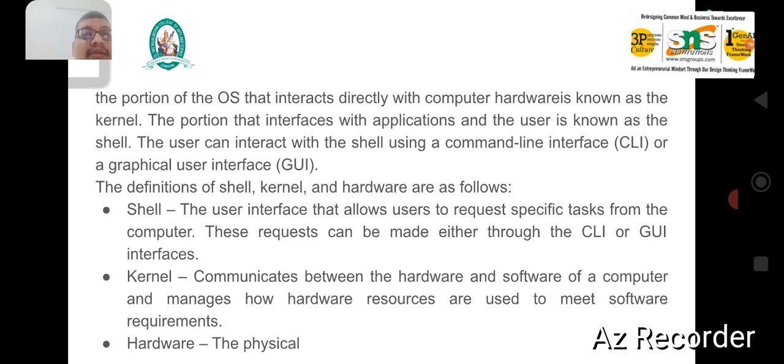Kernel: the kernel communicates between the hardware and the software of the computer and manages how hardware resources are used to meet software requirements. The kernel gets help from the drivers, which are software installed in the OS. Hardware is nothing but the physical form of the devices.